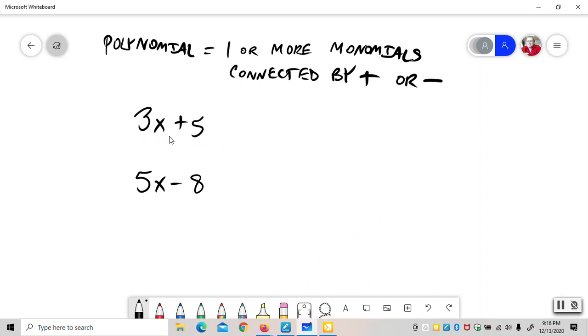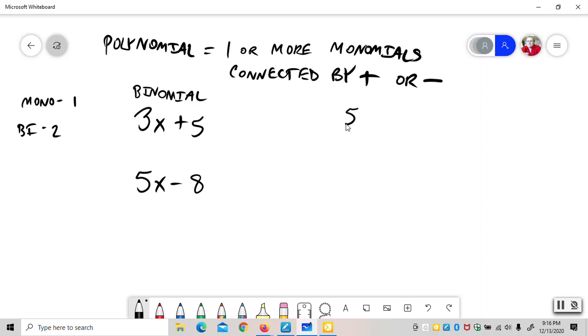So this is a polynomial. It has two different monomials, 3x and 5, connected by addition. So since it has two of them, it is a binomial. Just like the prefix mono means one, bi means two, like a bicycle, two wheels.